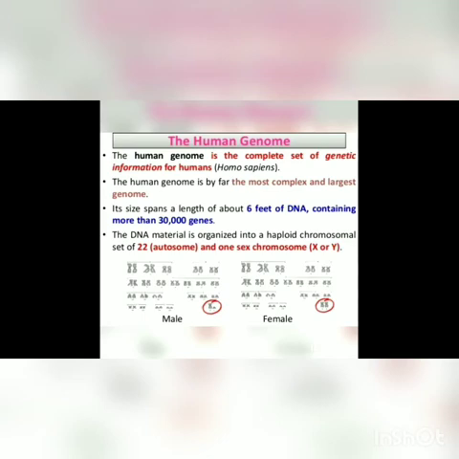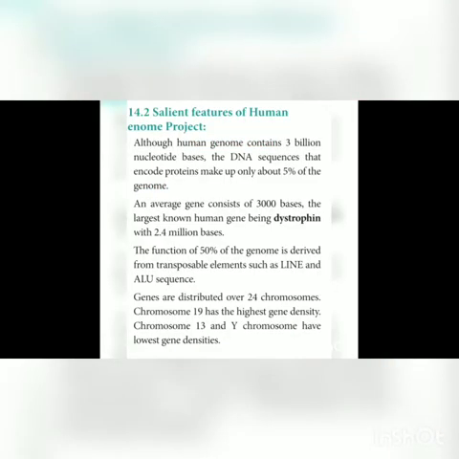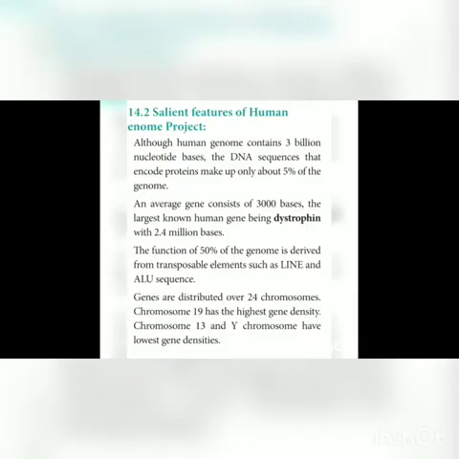An average gene consists of 3,000 bases, the largest known human gene being dystrophin with 2.4 million bases. And the third one is that 50% of the genome is derived from transposable elements such as LINE and ALU sequence, arithmetic logic unit sequence.